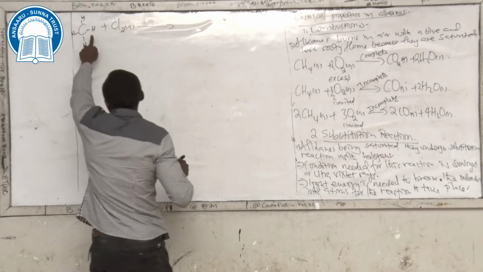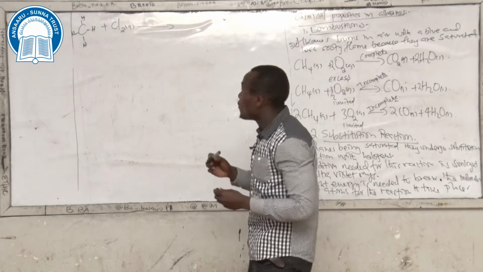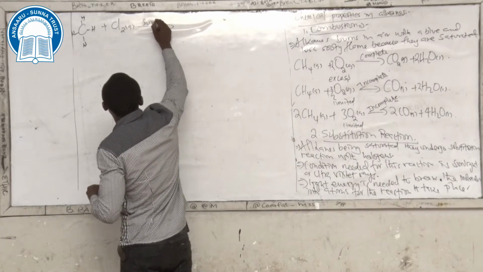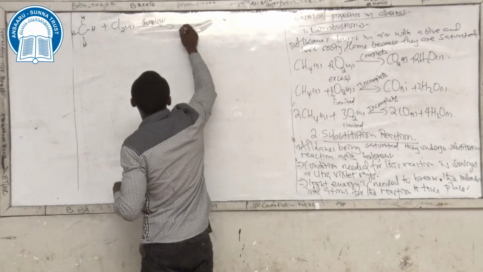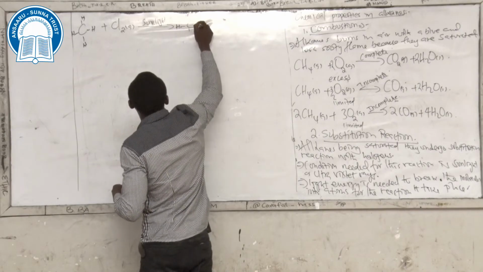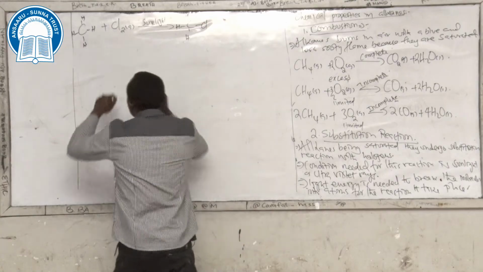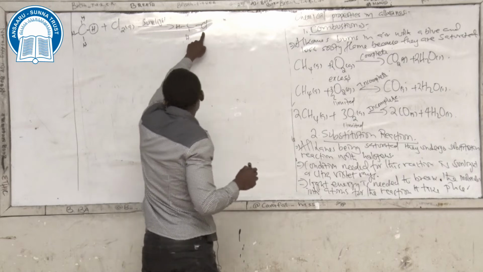So one of the hydrogen is going to be substituted with chlorine, and we must have sunlight as the condition for the reaction to take place. So we are substituting the hydrogen here with a chlorine atom.